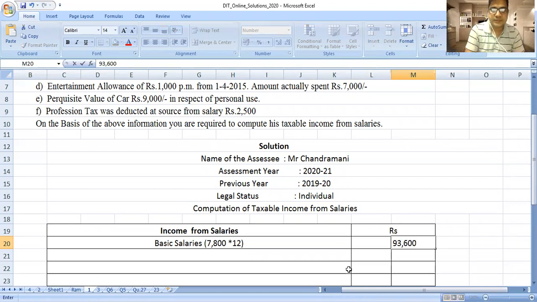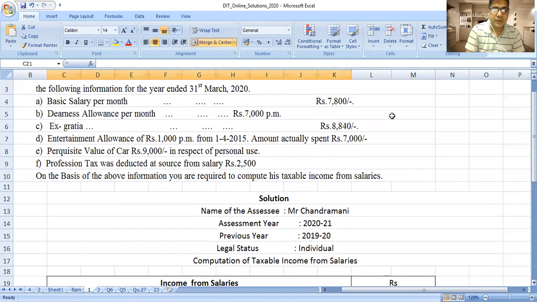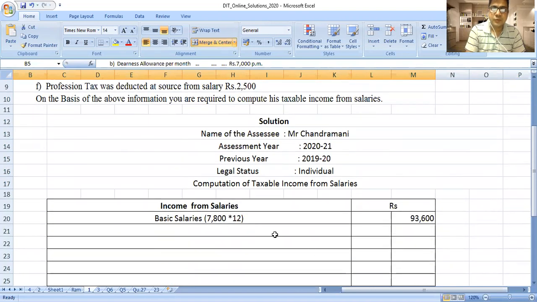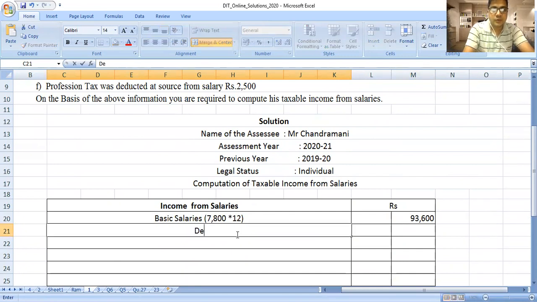It is the basic salary. Then after that, the next item provided is dearness allowance per month 7,000. The dearness allowance is always taxable. The taxable value we have to put here because we have to compute the taxable income from salary. So dearness allowance is also taxable.